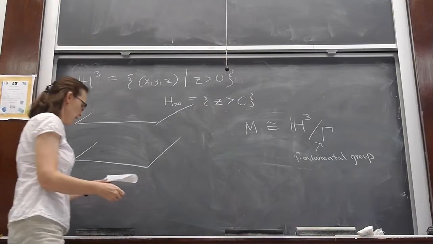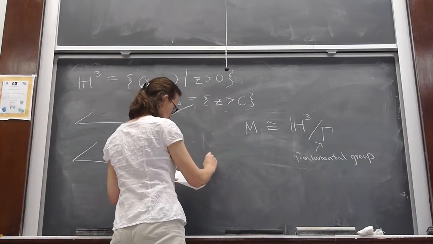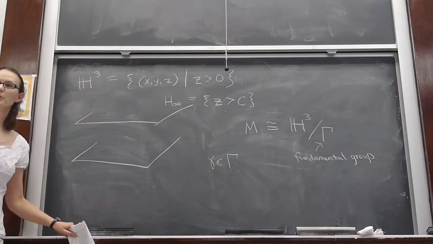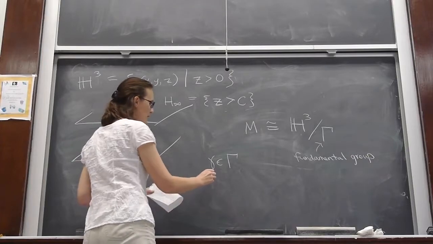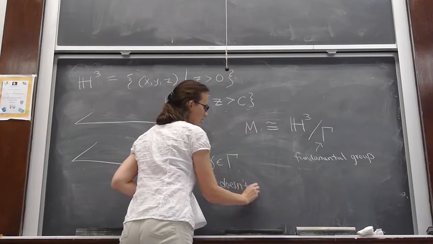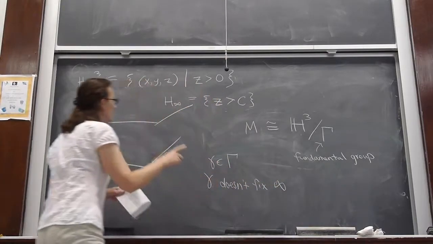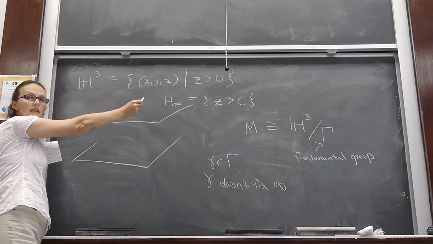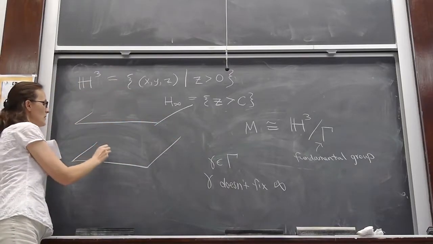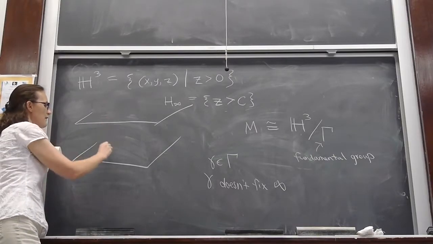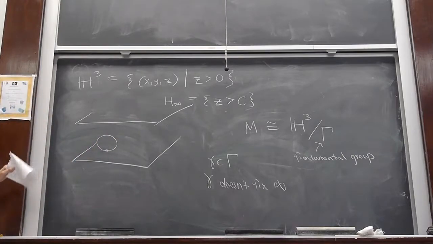And so for every element gamma inside of my bigger group Gamma, provided that gamma does not fix infinity, when I apply it to H infinity, it's going to take the point at infinity to some point on the plane, and it's going to take the horoball at infinity to some ball which is tangent to the plane.